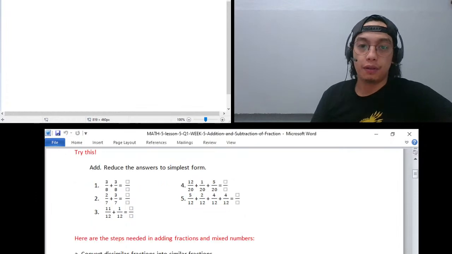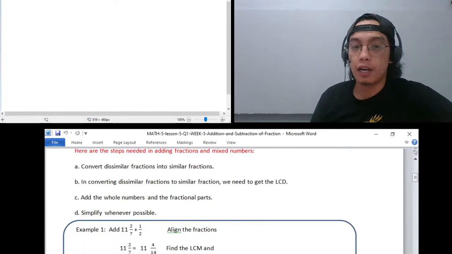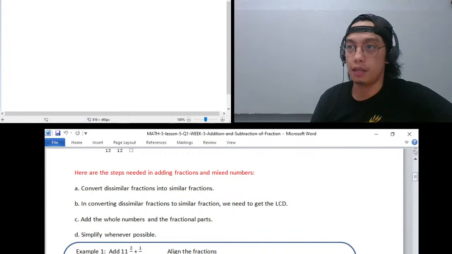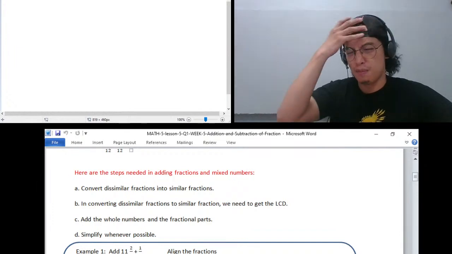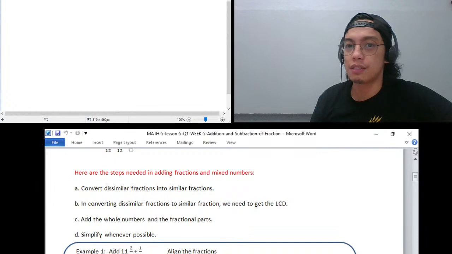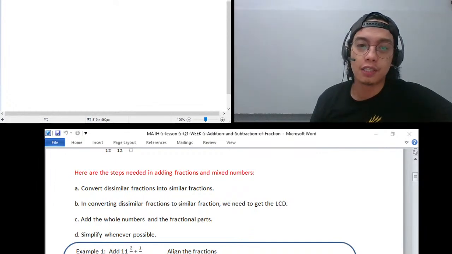Okay. Here we go. So here are the steps needed in adding fractions and mixed numbers. Okay, this is the slide. First is convert dissimilar fractions into similar fractions.